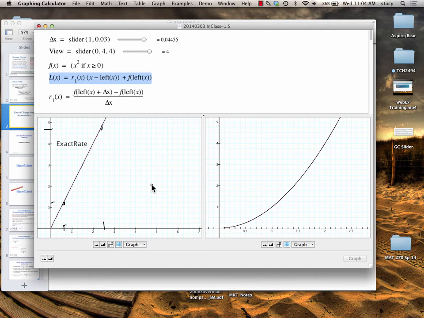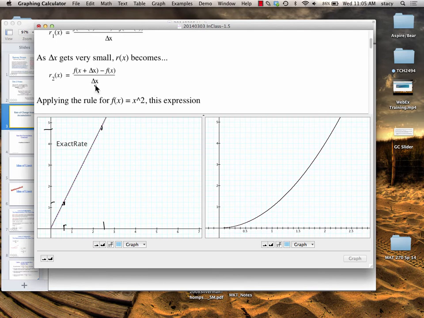We compute what we've been calling the average rate of change for each interval by saying that R of x is equal to f of x plus delta x minus f of x over delta x. This allows us to write a, so that'll go in the second blank in number 3.